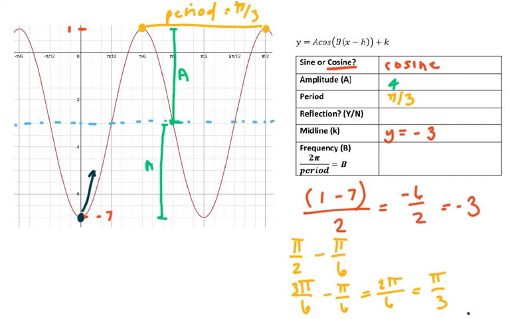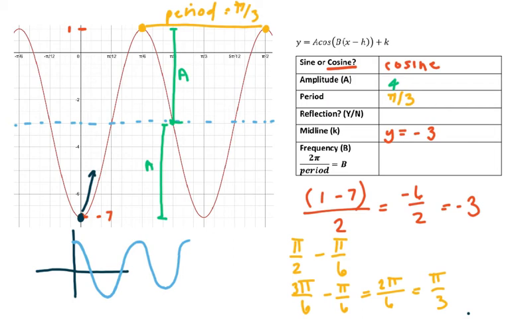Another way to think about this is to think about our parent function, cosine of x. So if I sketch that function here, starting at our y-axis, that function is going to start at a maximum and then go down.